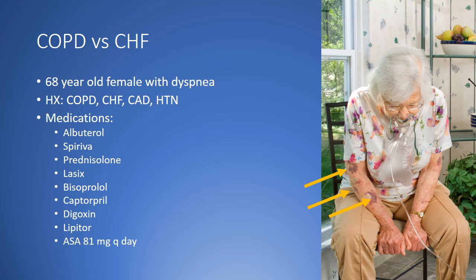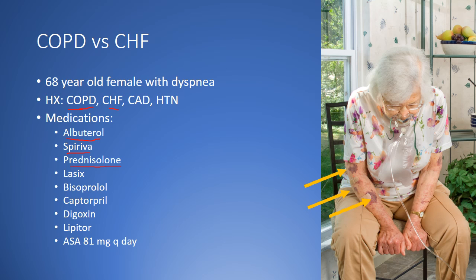There's her medications. Take a minute to look up each of these medicines, because that's going to be important in lab, that you can at least know most of these classes. Albuterol, so she's got COPD. Spiriva, which is also a COPD medication. Prednisone, she takes the steroid probably for the COPD.